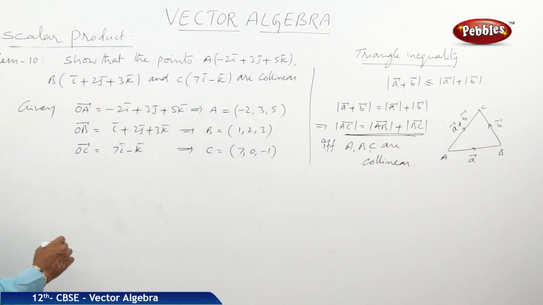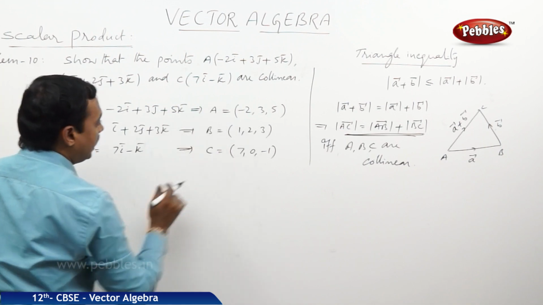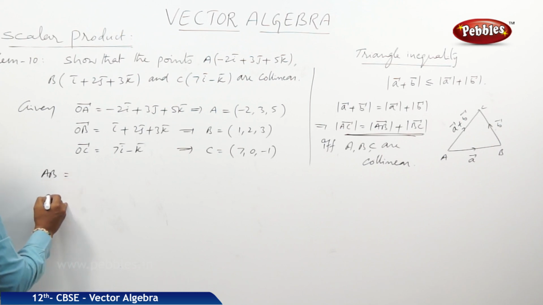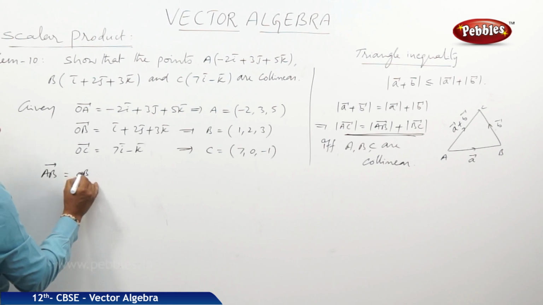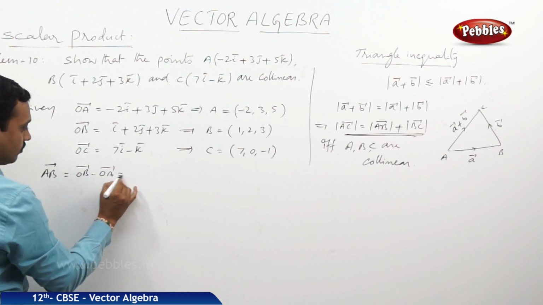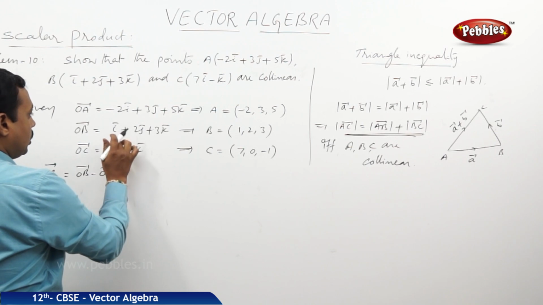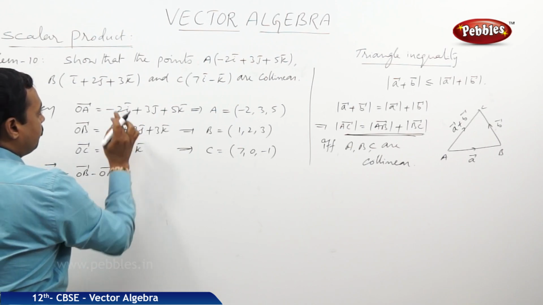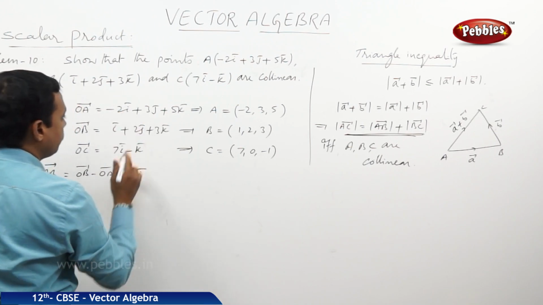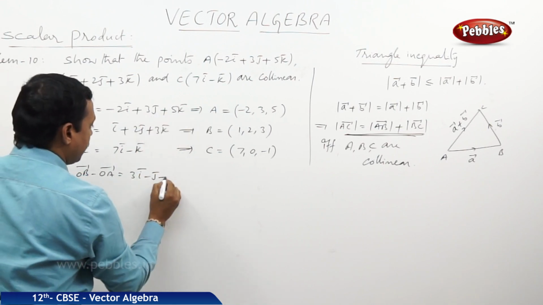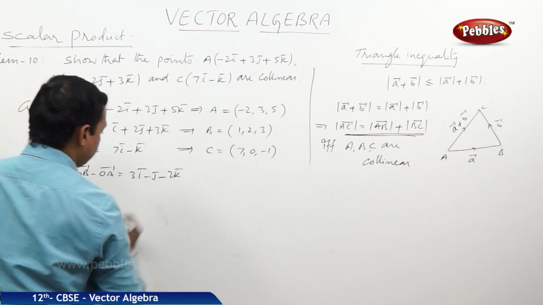Now let us find the distances AB, BC and AC. AB vector is equal to OB minus OA vector. OB minus OA is equal to i minus of minus 2i, that is 3i; 2j minus 3j, minus j; 3k minus 5k, minus 2k.